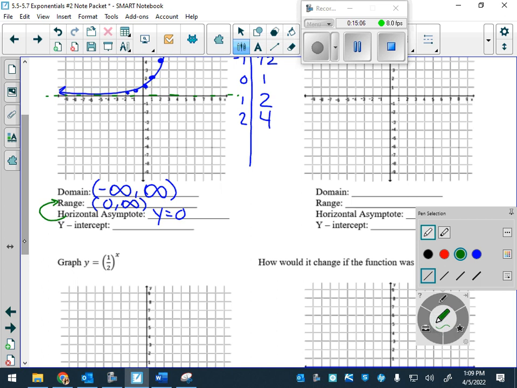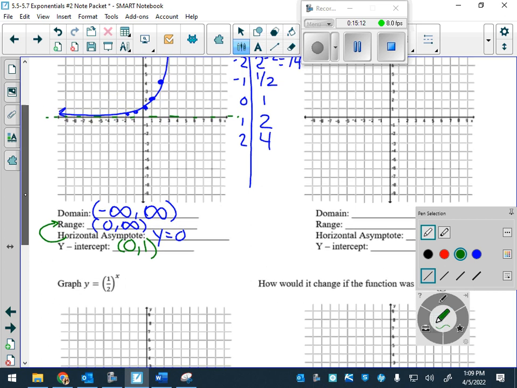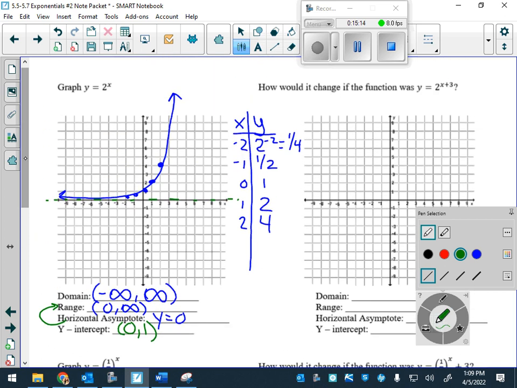What is our y-intercept? Esteban? Excellent. Good. Okay. So if we needed to, before we get into transformations, this would be considered a parent function, just like absolute value, just like quadratics, just like square roots, just like x cubed.